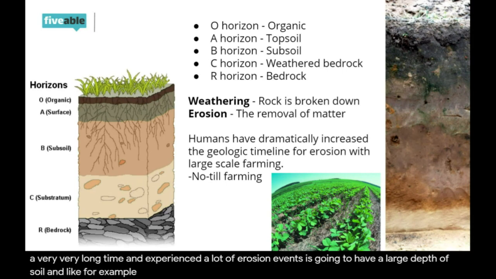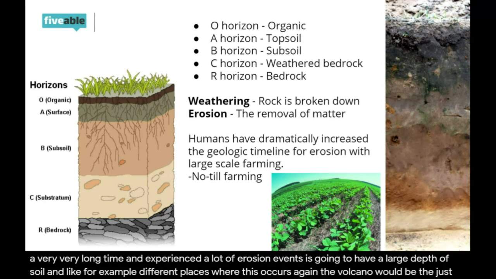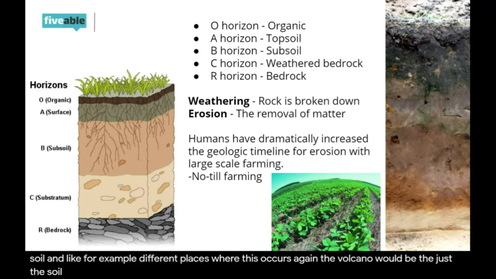For example, the volcano would have no soil, but a place with a lot of soil is anywhere on the Mississippi Valley.